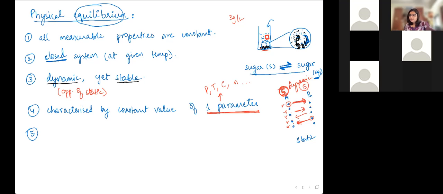Okay. Fifth. The magnitude of the parameter we talked about shows how far the equilibrium has proceeded, how far the process has proceeded.